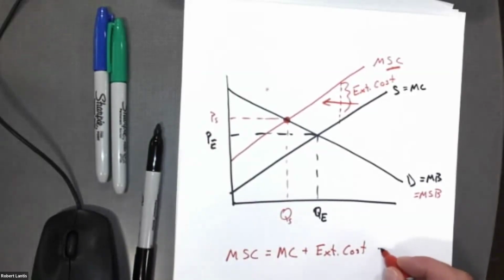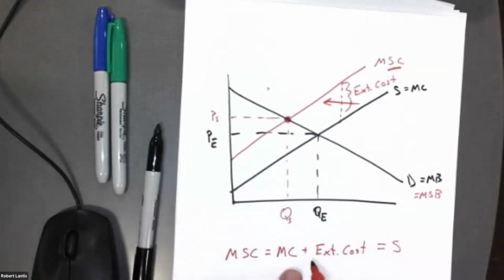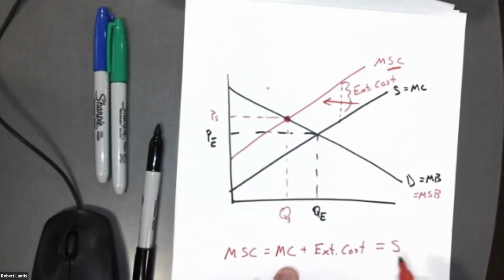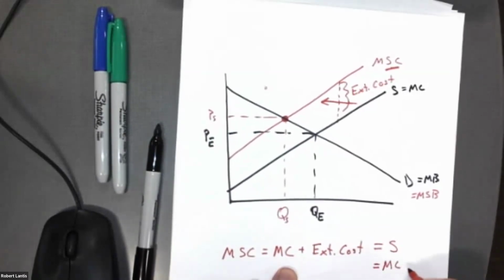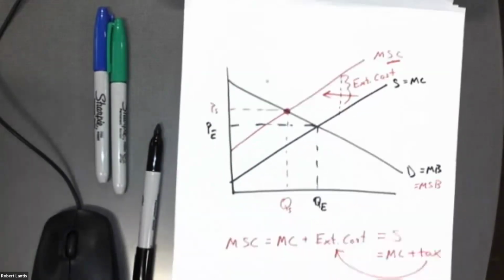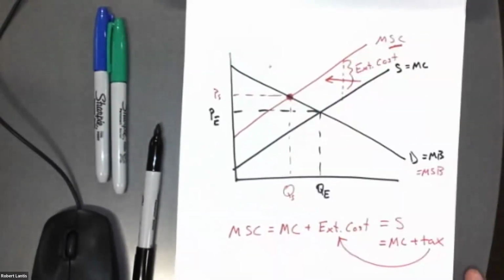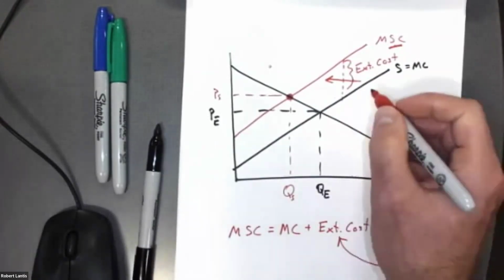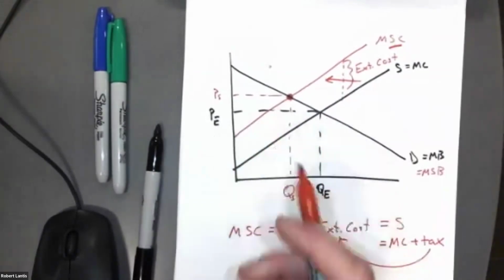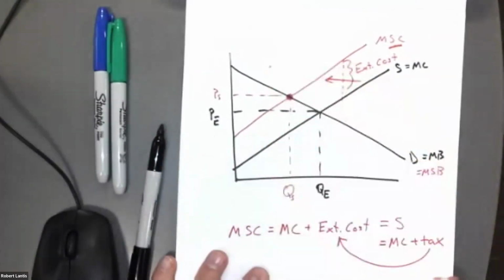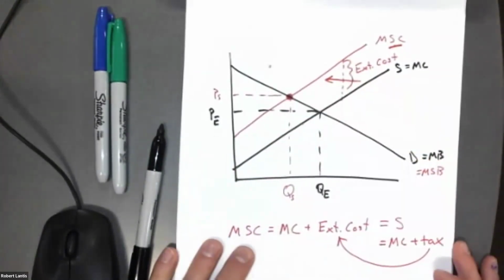So how can I get my supply curve to be exactly the same as that? Well, my supply curve represents the private marginal cost. If I had a tax that was exactly equal to that external cost, now my supply curve matches up with society's costs. So when I have a negative externality, how can I push that equilibrium quantity and price to the socially efficient point? I could use a tax. Okay.